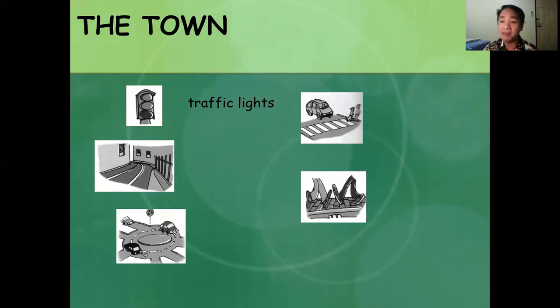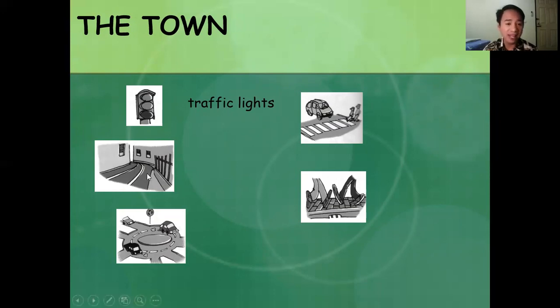You should know what's the meaning of the color red one, meaning you have to stop. And the color green one, you have to go. And the yellow one, you have to be ready. Okay, so that is a traffic light. So you have to follow the traffic rules if you drive.